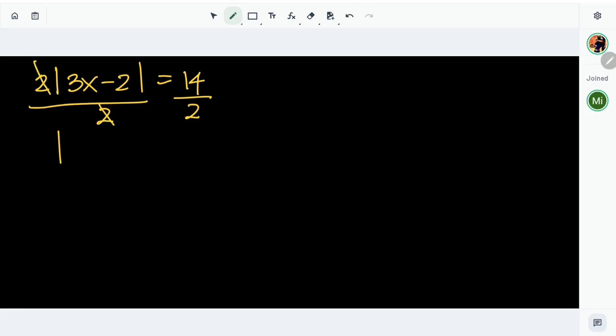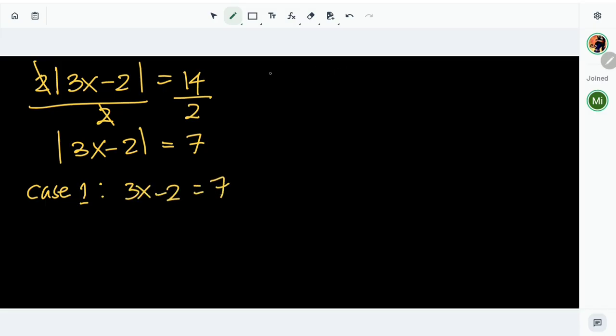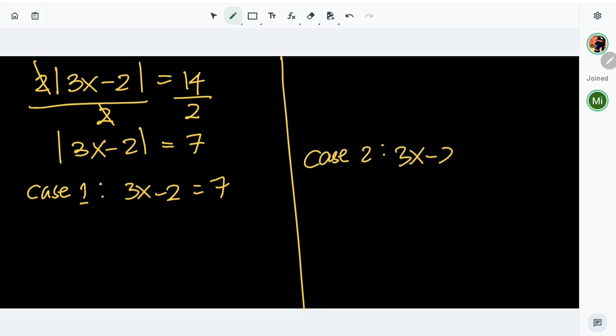Then we're left with absolute value of 3x minus 2 equals 7, right? Since this is an absolute value, we can split this into two cases. Case 1 is 3x minus 2 equals 7, and case 2 is 3x minus 2 equals negative 7.